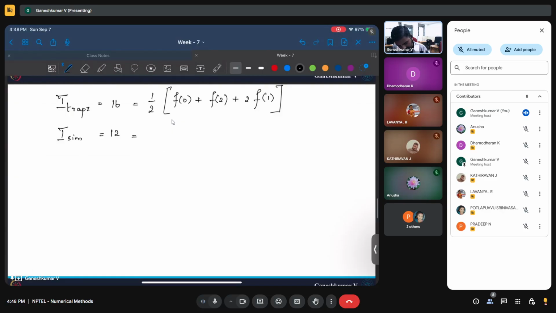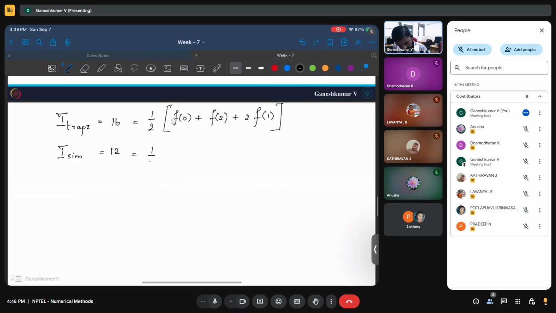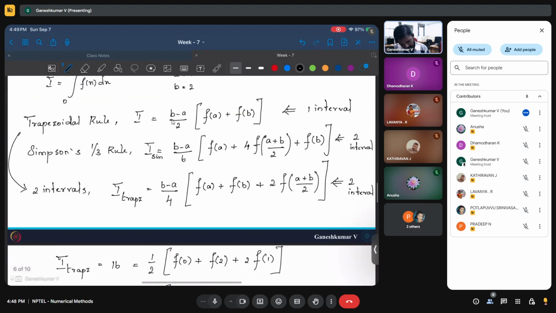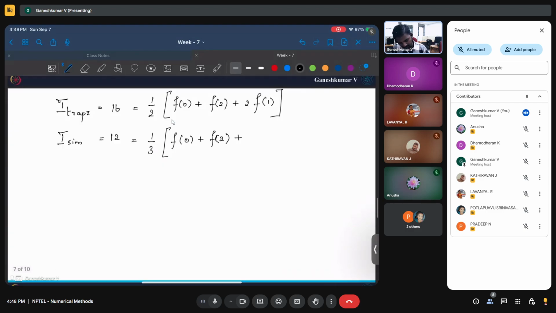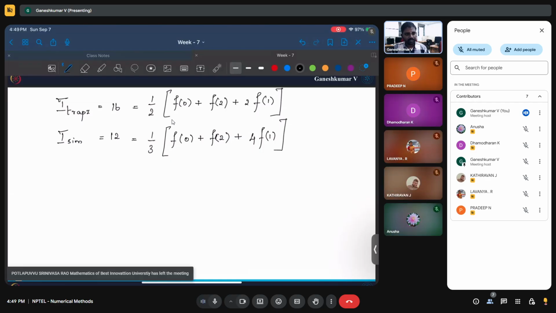And this is equal to (b minus a) is 2, 2 by 6 is 1 by 3, so I'm going to write 1 by 3 times f of 0 plus f of 2 plus 4 times f of 1. Now f of 0 and f of 2 are present in both equations, so you can subtract them.